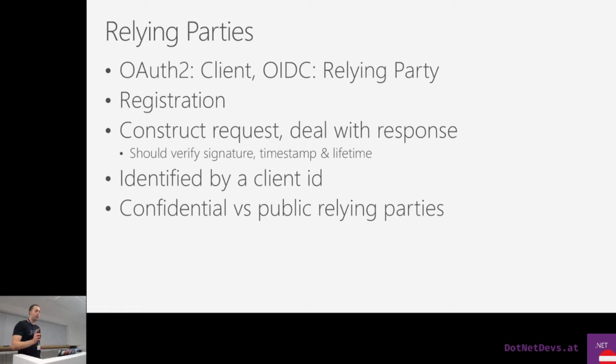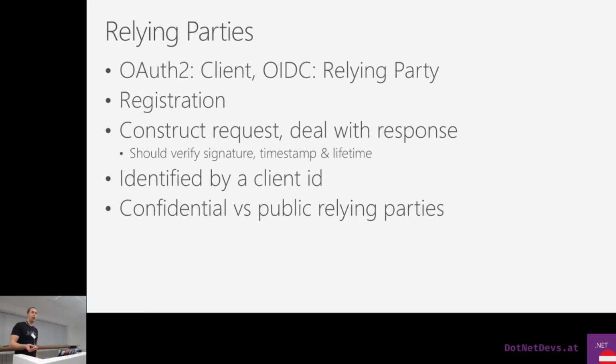The differentiation is that confidential clients can actually keep a secret, right? So if a client has a client secret, and I rely on that secret to be kept secret, I can maybe issue more rights or more tokens that would require the relying party to keep secrets.